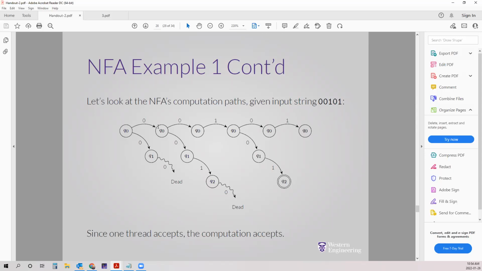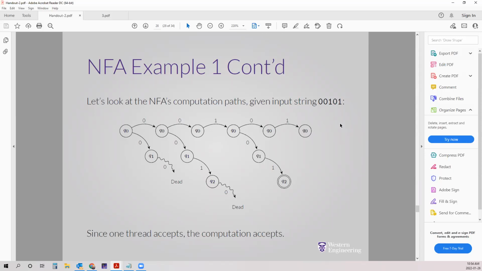Here, if I stay at Q0, then I receive a 0, stay, then I receive a 1, I stay at Q0, then I receive a 0 at Q0, and so on. And this path will take me, on 0, 0, 1, to stay at Q0, then move to Q1 and Q2, which is the accepting path.